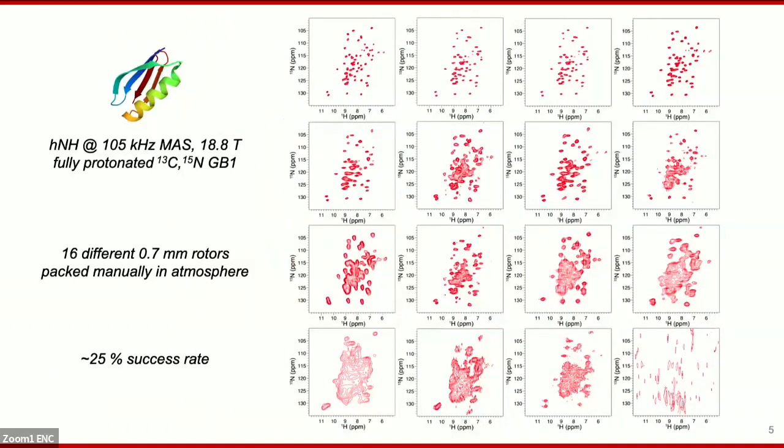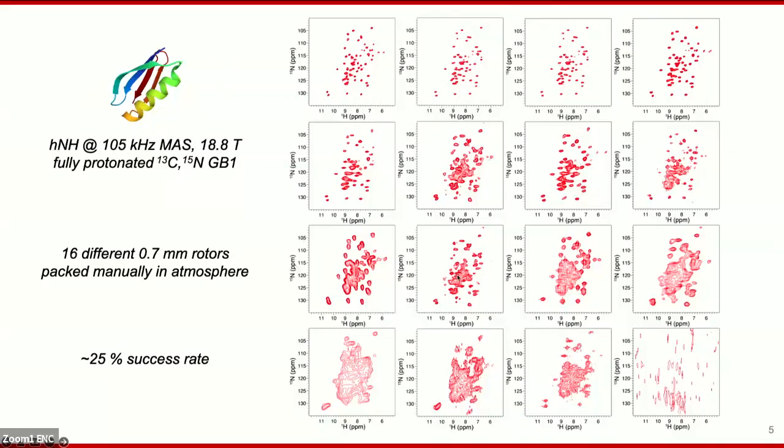You can see here 16 different NH2D spectra of microcrystalline protonated GB1, each taken at 105 kilohertz MAS spinning rate and on our 800 megahertz instrument. I would say that this process worked maybe about 25% of the time. These spectra up at the top have the resolution and properties that we expect for well-resolved, well-packed, well-hydrated microcrystalline GB1 at this spinning rate. But the other times, they did not turn out nearly as well.